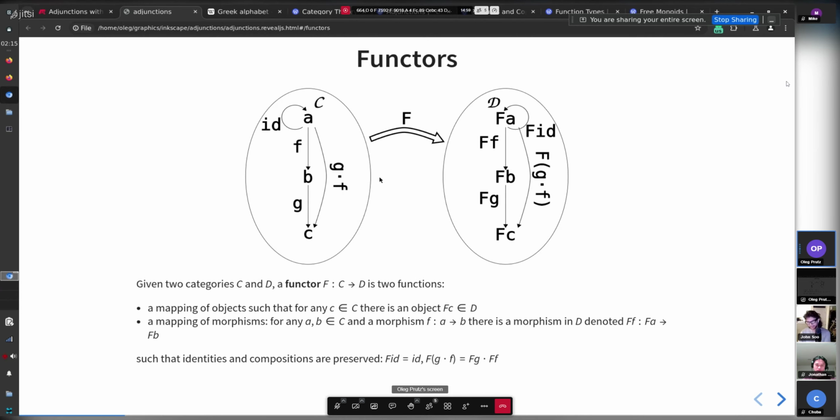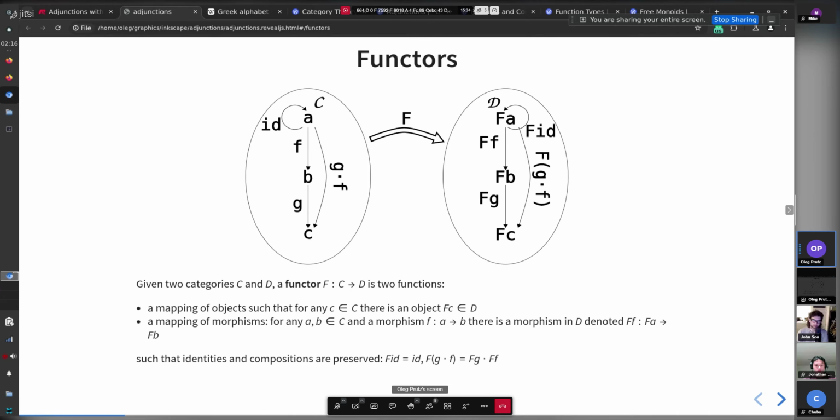Cool. Great. So functors, mappings of categories. We have two categories, C and D, and a functor F consists of two functions. The first function maps objects, and there's a more interesting function that maps, not really a function, because there's more structure than just sets, right?